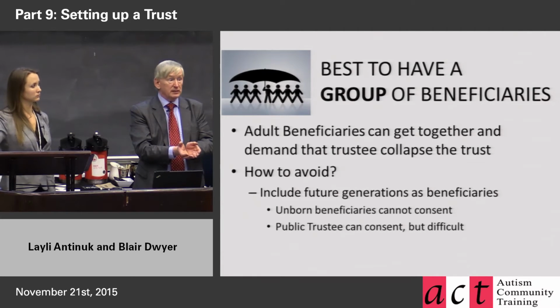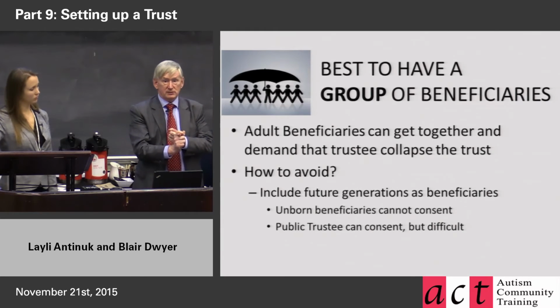They can terminate the trust by agreement. Now, if I don't want that to happen, then I say Laylee and her spouse and her descendants, because then you're not going to be able to get everybody together to collapse the trust, because some of the descendants aren't born yet. So they can't agree to terminate the trust.